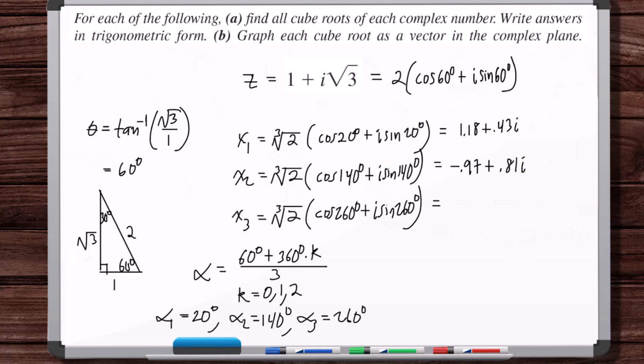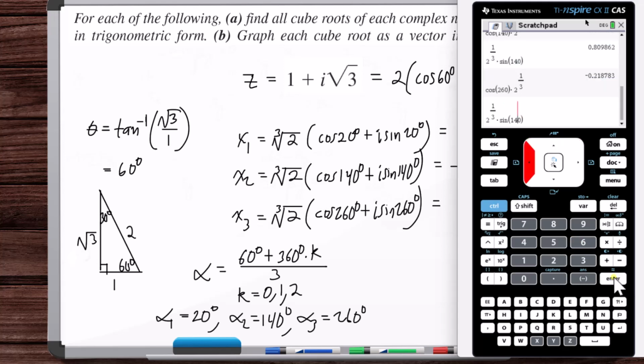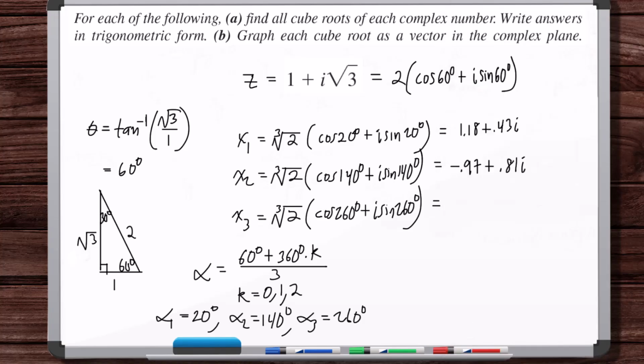Okay, now with 260, we've got cosine 260, and then minus 0.22 minus 1.24i.